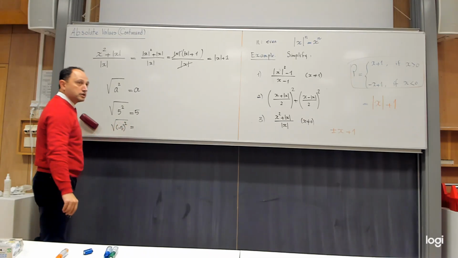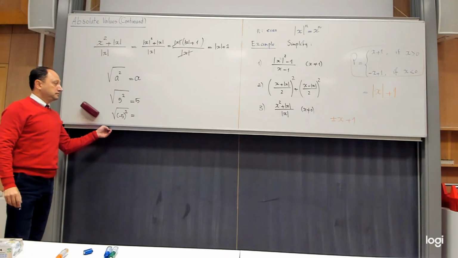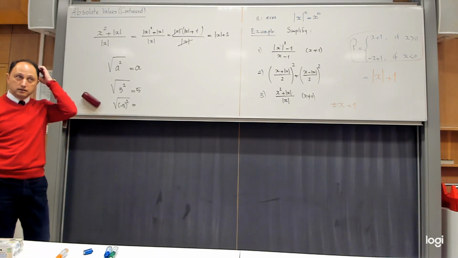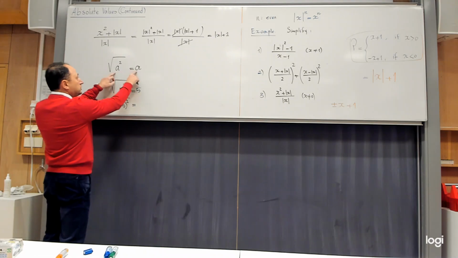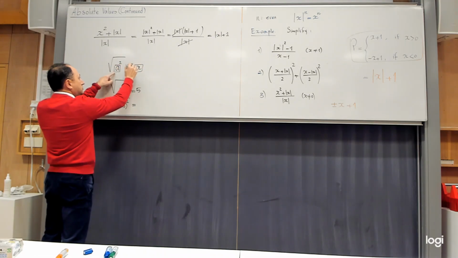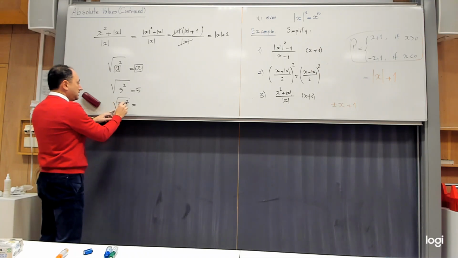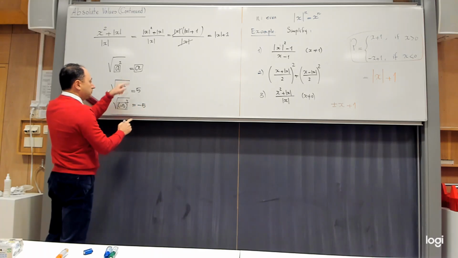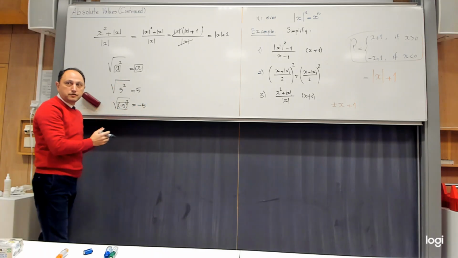What is the answer to this? It is 5 again. But if you follow this rule, you are telling yourself that whatever a is, the answer is this one. So here, this is playing the role of my a. So the answer according to that formula should be this one, but this is false, yes?